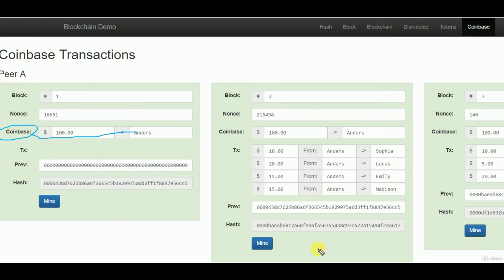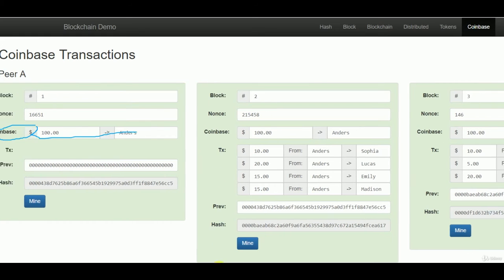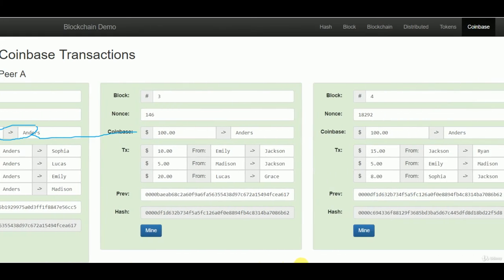He is transferring. Suppose Emily transfers $5 to Madison, but you don't know whether Emily has $5 and how she is making the transaction.